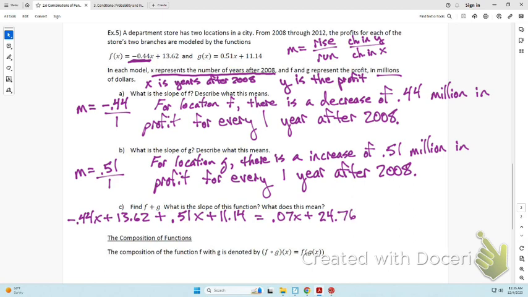And it wants us to do the slope thing again. So slope is different now. It's 0.07. And we're talking about for all the locations. So the department store, just in general, has an increase of 0.07 million in profit for every 1 year after 2008.